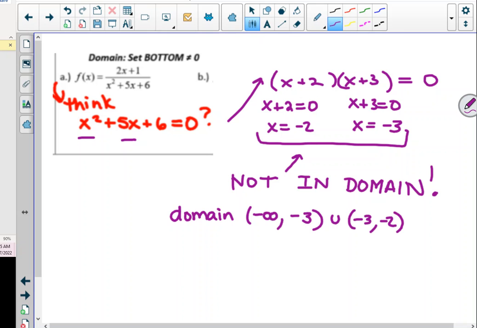We're like, okay, I've got these two bad numbers, but the guys in between the two bad numbers usually are still okay. Bad numbers are negative 3 and negative 2; good numbers below negative 3, good numbers above negative 2, good numbers in between negative 3 and negative 2. Those two are just the bad guys. So that's one way to write it. And my end infinity always ends up looking weird because I run out of room.